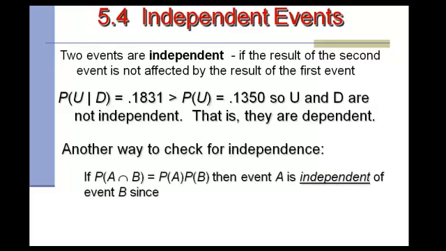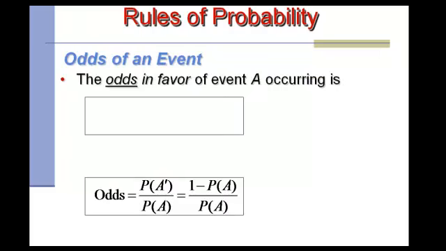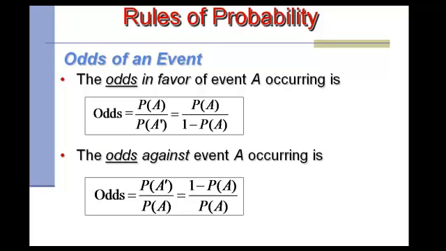There's another way to check for independence, and I'm going to skip that because I'm sure that's in your book and you can see the math. And then these two slides talk about odds. The odds in favor of an event occurring, this is how you calculate odds. Then that would be the odds against event A occurring.